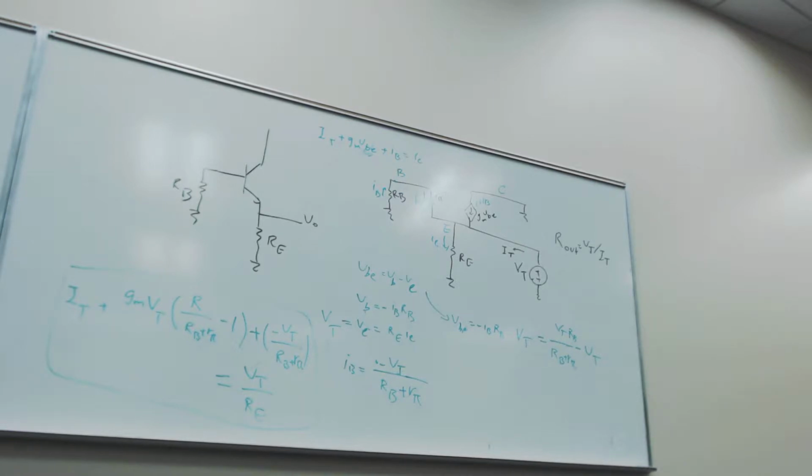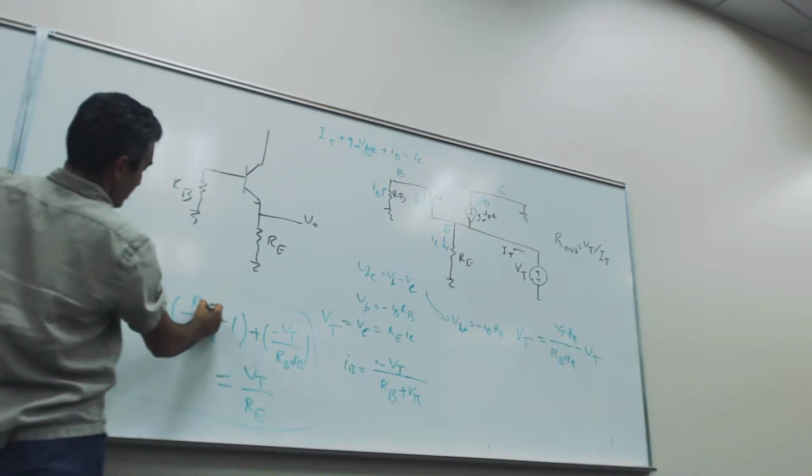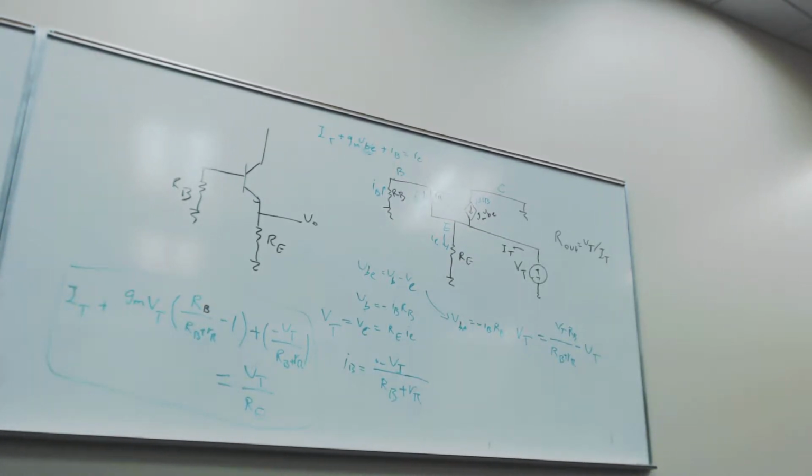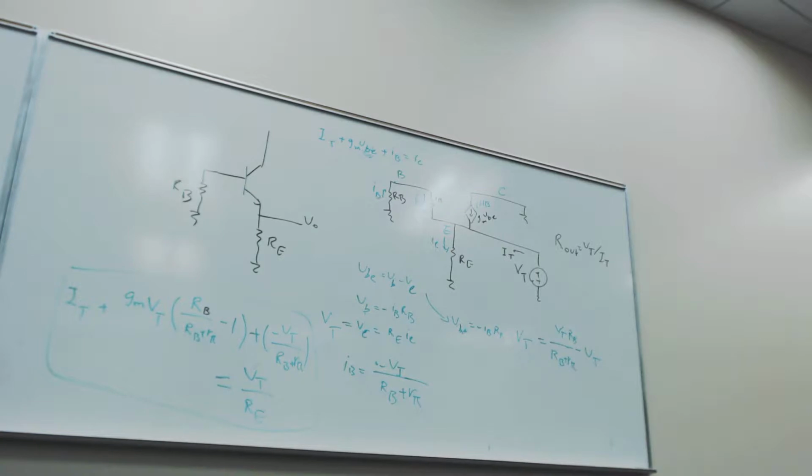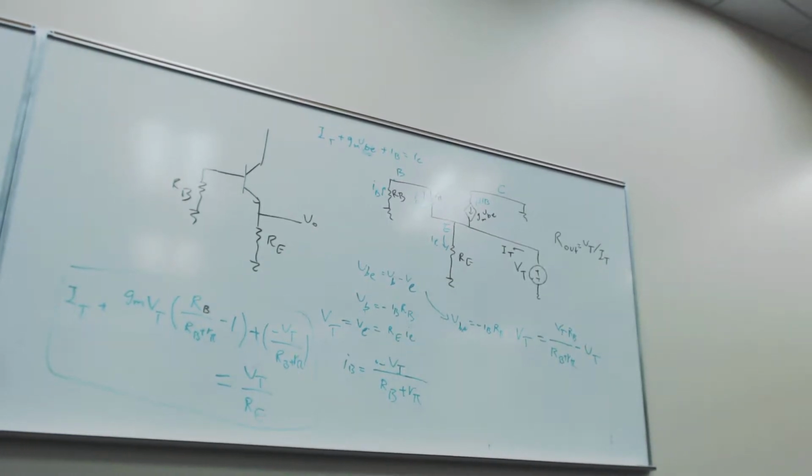VT times GM RE, RB over RB plus R pi plus minus 1, right? Minus GM minus 1 over RB plus R pi.